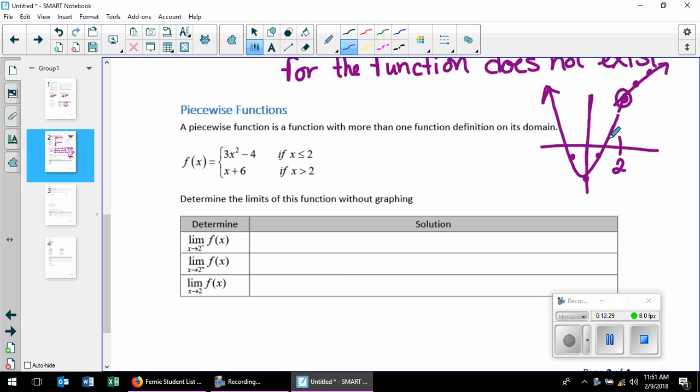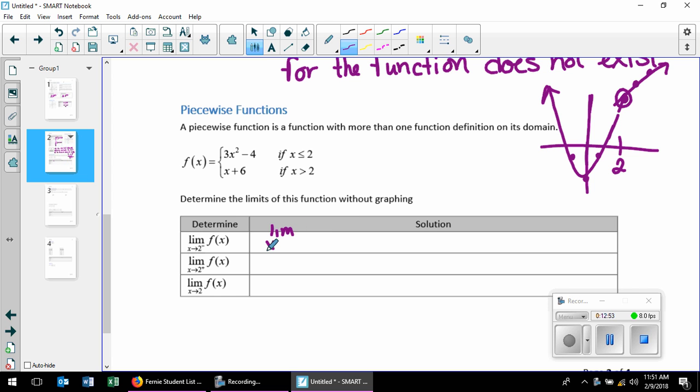Does this function have a limit? No, you're approaching two different places. It worked out because I showed you the graph. But if you wanted to do that, all you have to do is say, okay, approaching from the left-hand side, if I substitute 2 in here, so actually let's do more room.